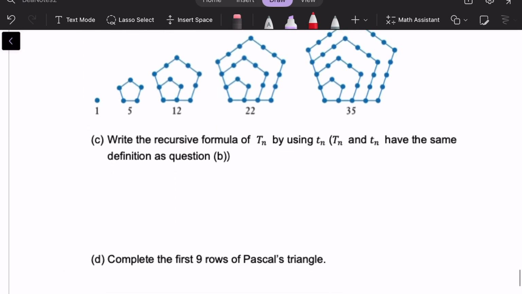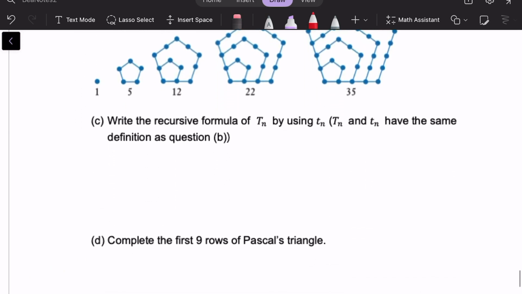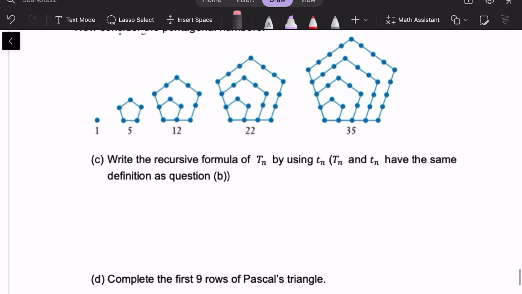Pentagonal numbers. Let's just call them P1, P2, like this, P5, etc. Write a recursive formula of Tn using little tn.